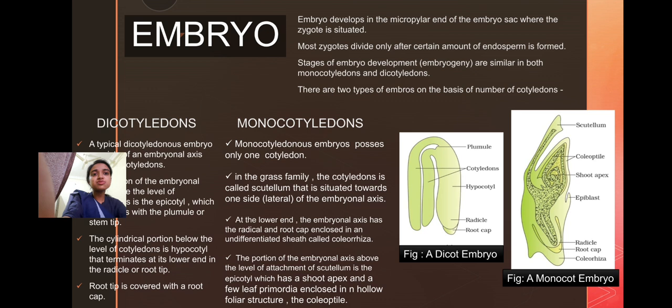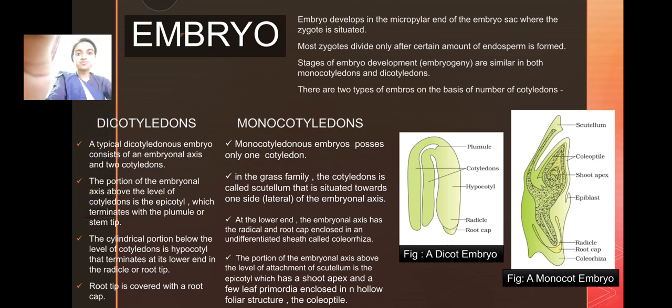Now there are two types of embryos on the basis of the number of cotyledons. The first one is the dicotyledon and the second one is the monocotyledon. A typical dicotyledonous embryo consists of an embryonal axis and two cotyledons.